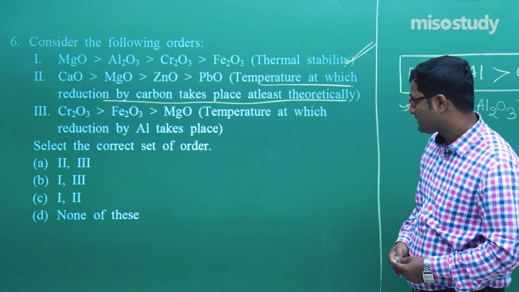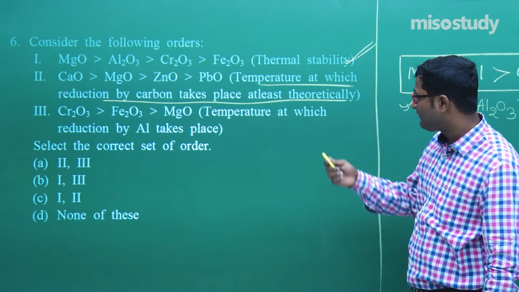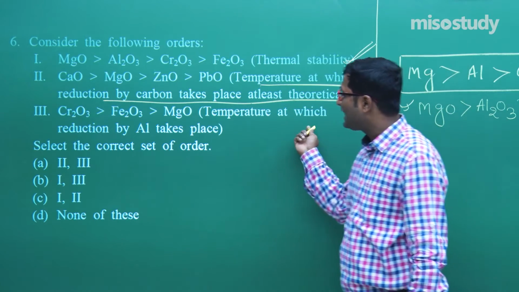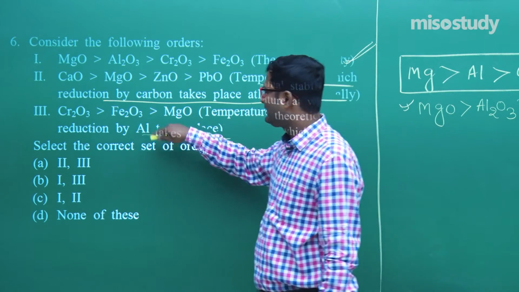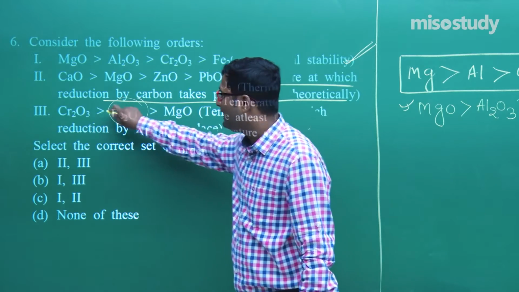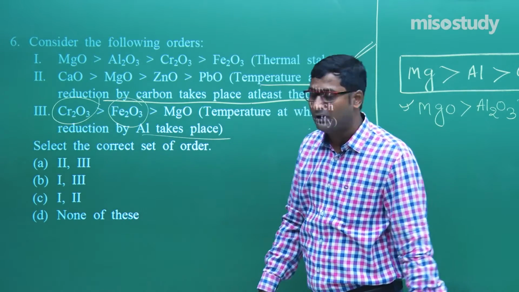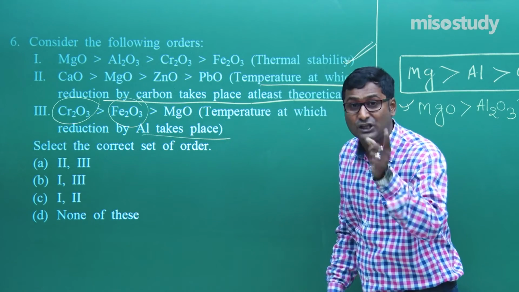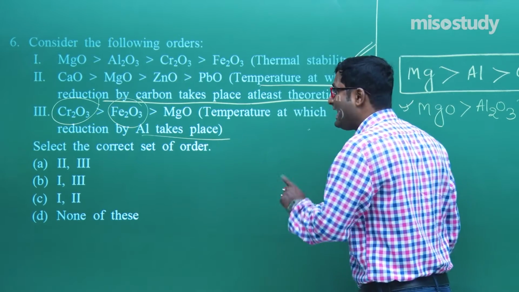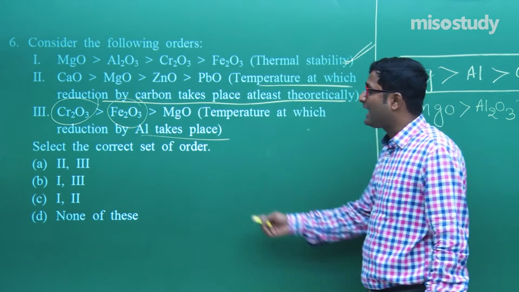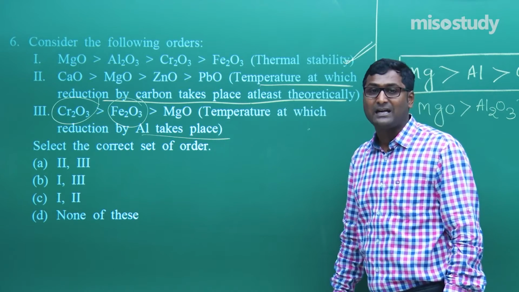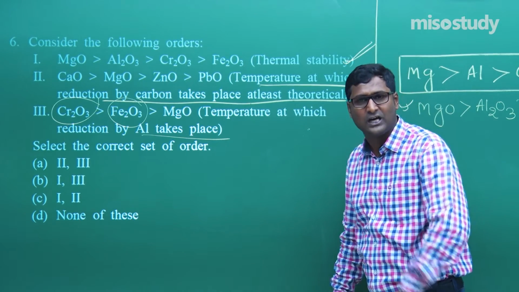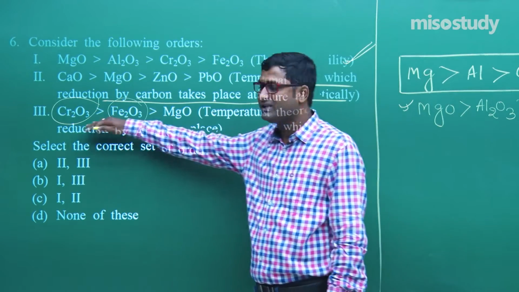But here the third option, Cr2O3, Fe2O3 and MgO, temperature at which reduction by aluminium takes place. Reduction takes place in case of Fe and Cr, the thermite process we people know, but in case of MgO it is not possible. Al cannot remove oxygen from magnesium at around 1500 to 1600 degrees Celsius. So this too is correct.